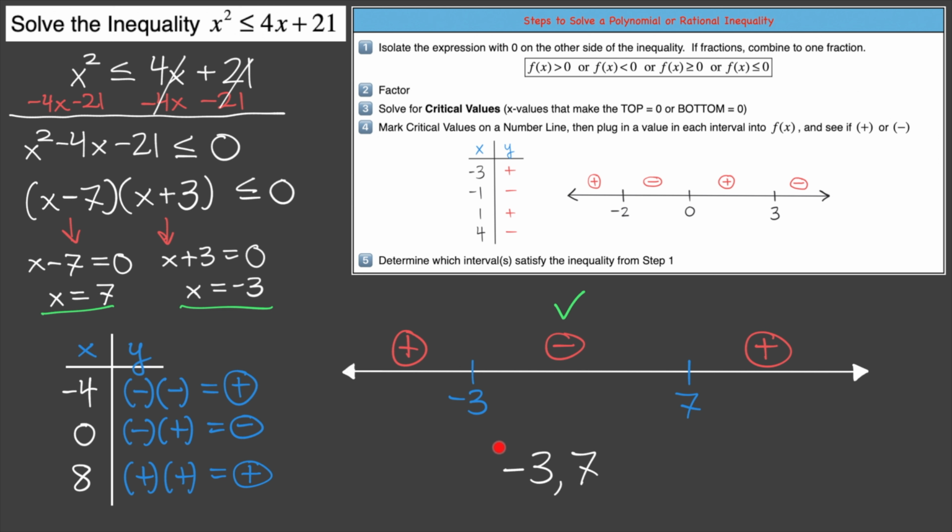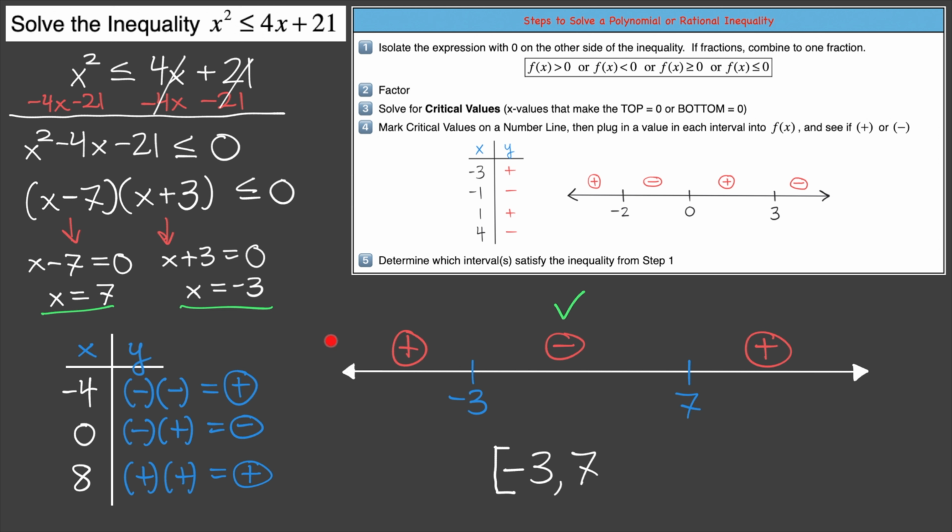So we need to figure out now if there's a parenthesis or a bracket around each of these numbers. So let's plug in negative 3 and find out. If we plug in negative 3 here, we will get 0 times something, which is still 0. Is 0 less than or equal to 0? The answer is yes. So because negative 3 satisfies the inequality, we're going to put a bracket because it's going to include negative 3.